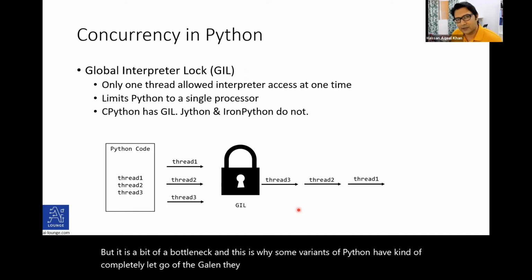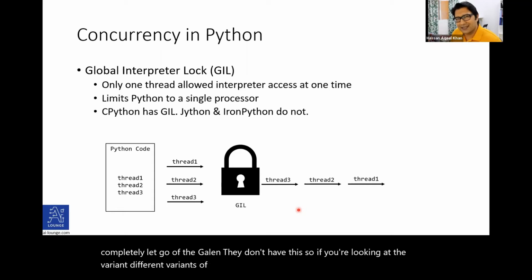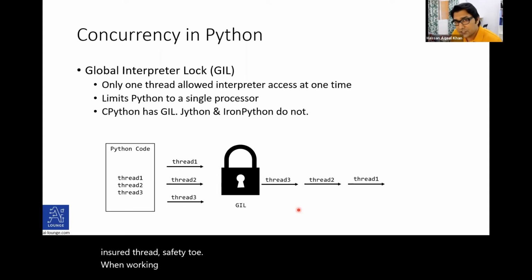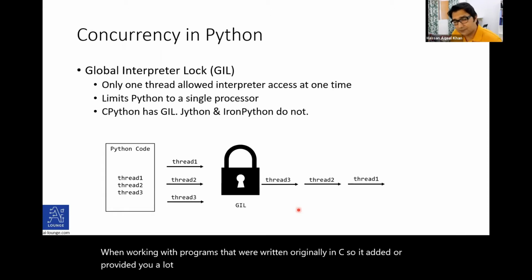If you're looking at the different variants of Python, CPython is the one that does have a GIL. It was enforced in CPython primarily because it ensured thread safety when working with programs that were originally written in C. So it provided a lot of features, but of course it came at a cost as well.